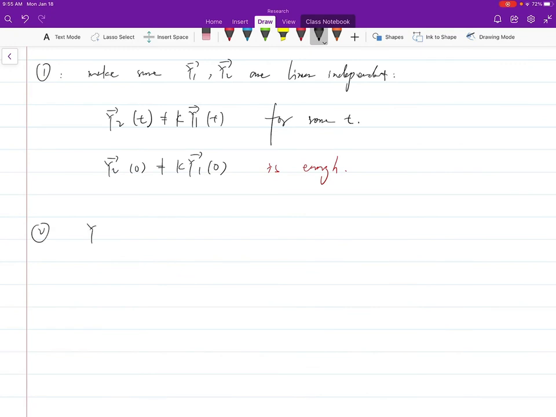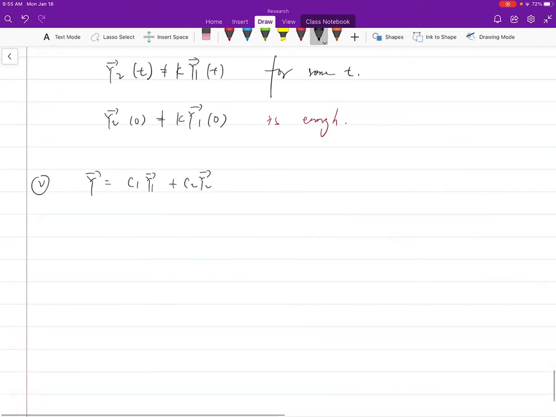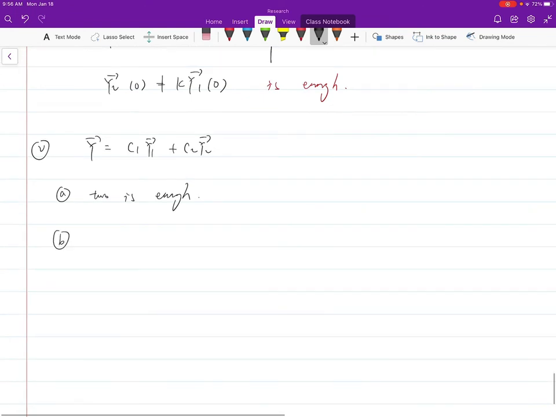Okay, second, this basically has a hidden thing. That is, number one, 2 is enough. Okay, number 2, y is a linear combination.